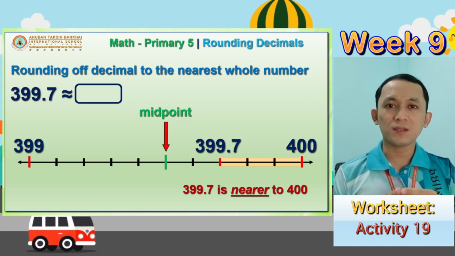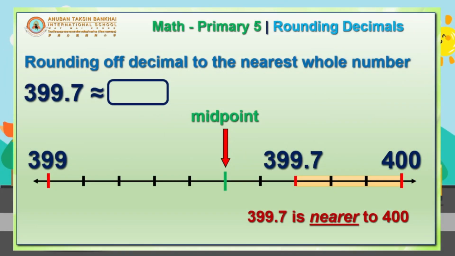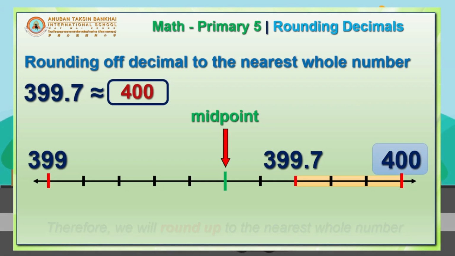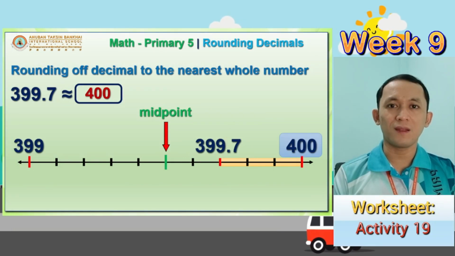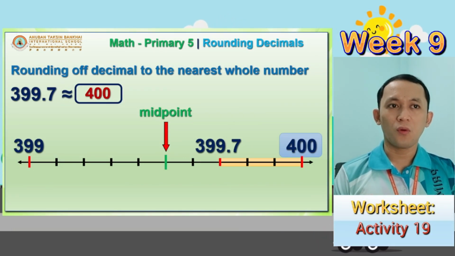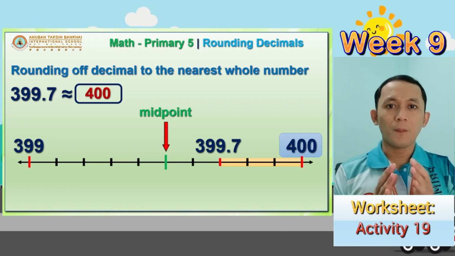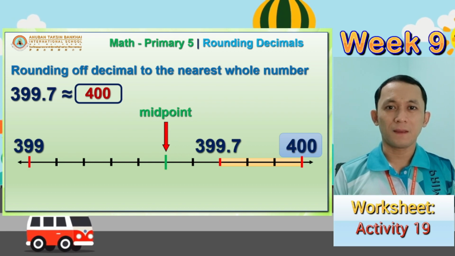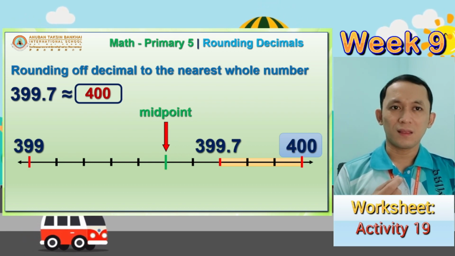Since 399.7 is nearer to 400, we round up. Therefore, 399.7 is approximately equal to 400. That is the answer.